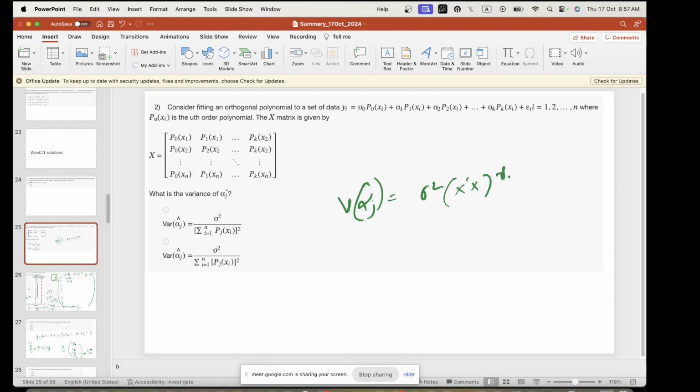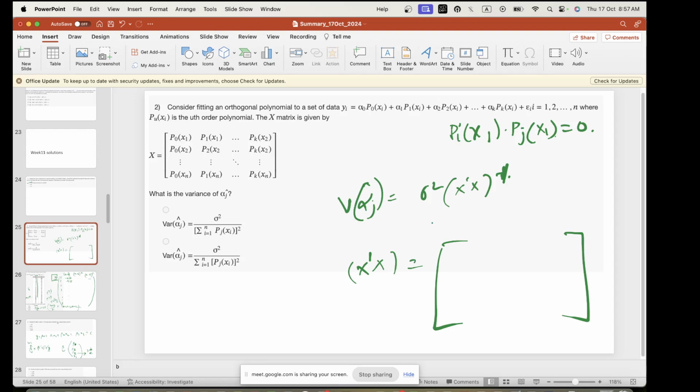So here if we do X prime X, we will only have a diagonal matrix. Why? Because p_i x1 into p_j x1 would be actually 0.